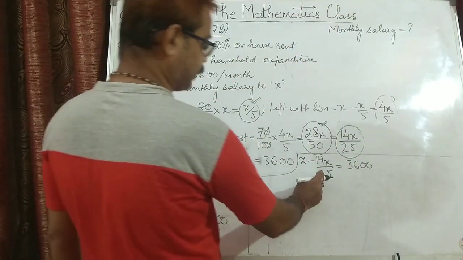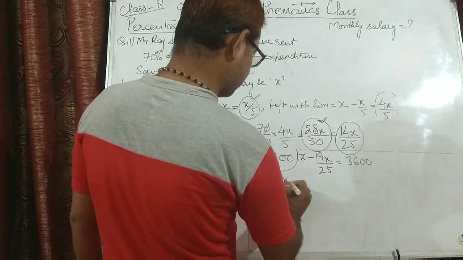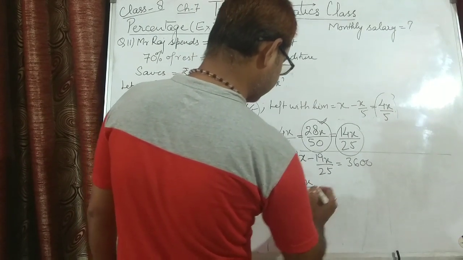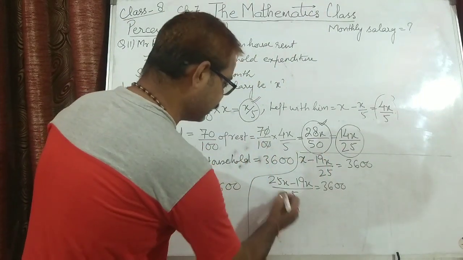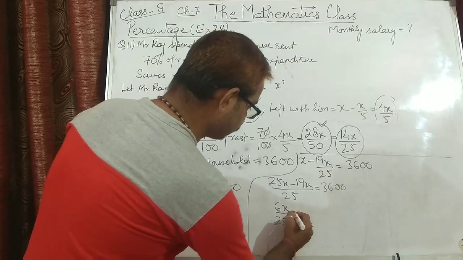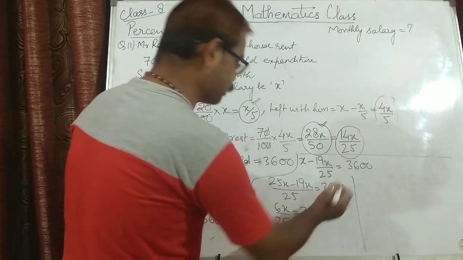You take the LCM as 25, so it will be 25x minus 19x upon 25 is equal to 3600. Now 25 minus 19 is 6x. 6x upon 25 is equal to 3600. Then you can cross multiply.